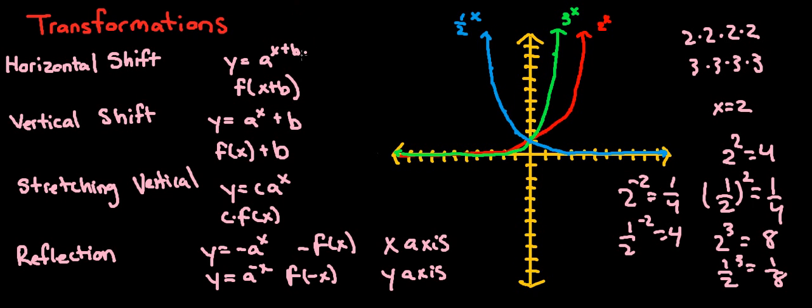The only thing I need to become accustomed to is just looking at the place where the x is being substituted in. Here, the x plus b up here is the same as f of x plus b, and it's no different than some regular polynomial, something like this.